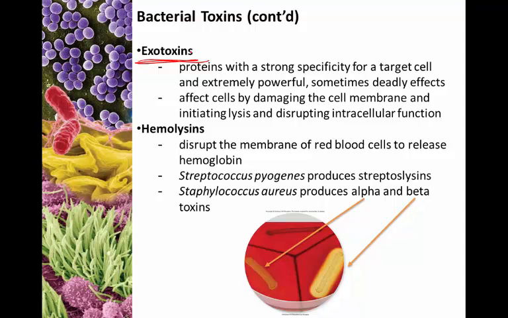Staphylococcus aureus, though we see the Streptococcus and the Staphylococcus are very good at this, will often produce two types of hemolysins called alpha hemolysins and beta hemolysins that vary in their degree of destruction of the red blood cells. The alpha hemolysins actually usually just release the hemoglobin, while the beta hemolysins seem to do a little bit better and are a little bit more destructive when it comes to the red blood cells.